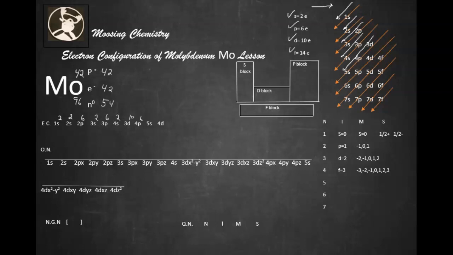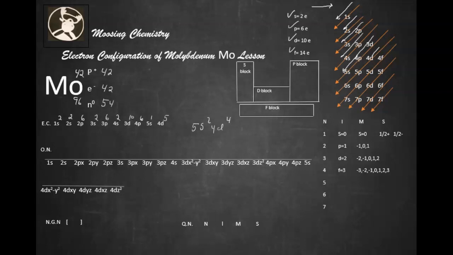This is going to be one of those exceptions. So I'm going to put 5s1, right? 4d5. Why didn't you write 5s2, 4d4? Well, here's why.